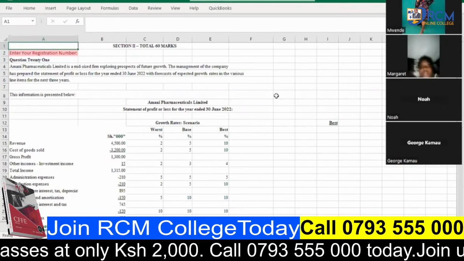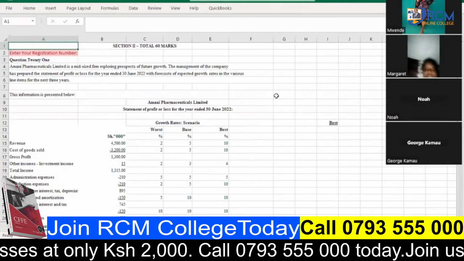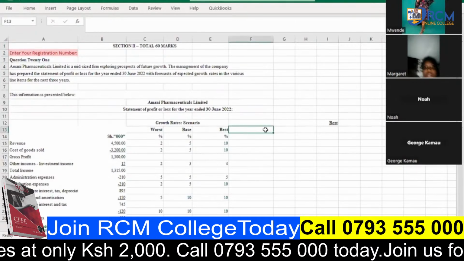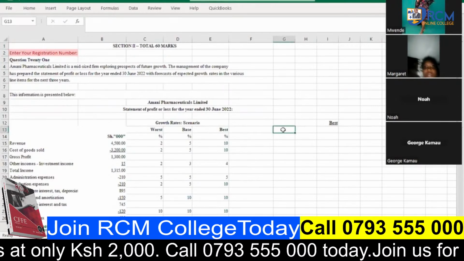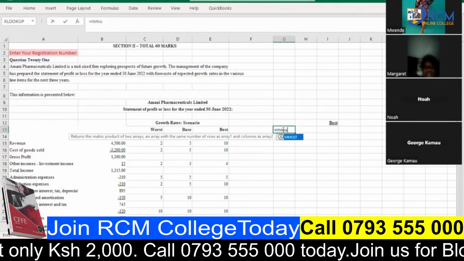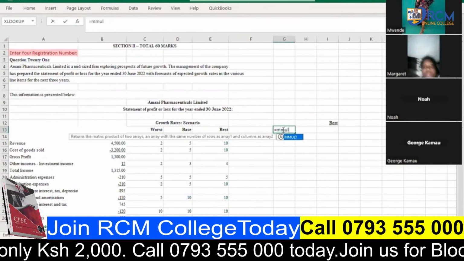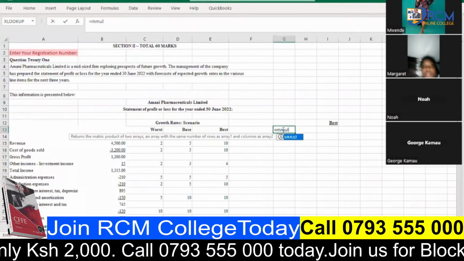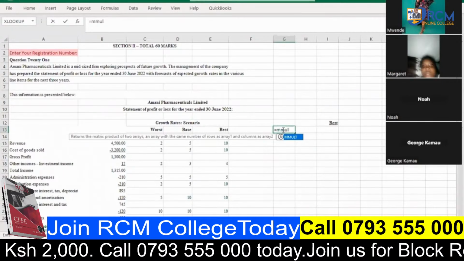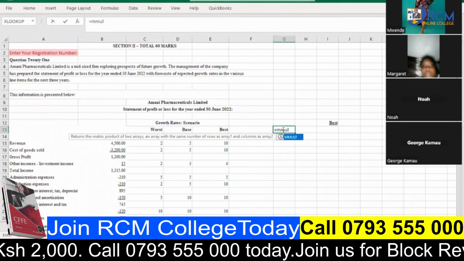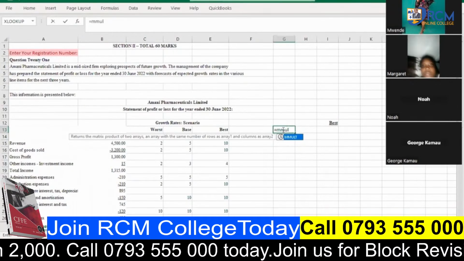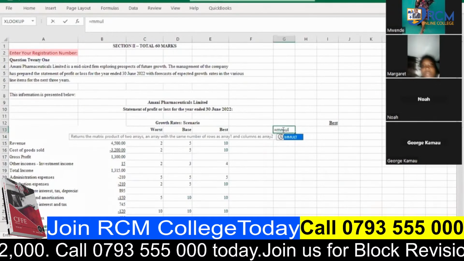So for you to test this one here, you need not cram everything in topic number 2. Just come here and start testing the questions one by one. The first one we have is equal to MMULT, that is the matrix multiply. It says it returns the matrix product of 2 arrays, an array with the same number of rows as array 1 and columns as array 2.